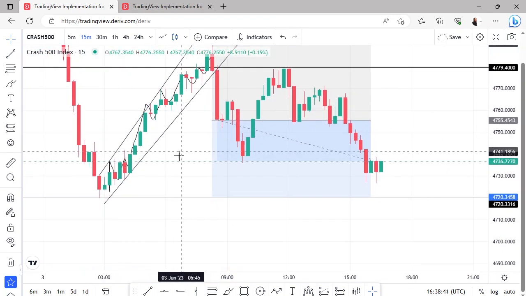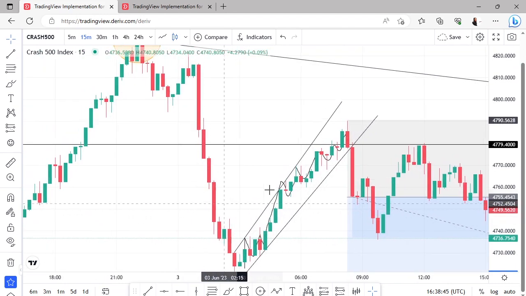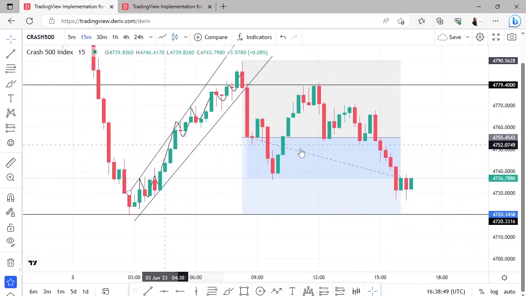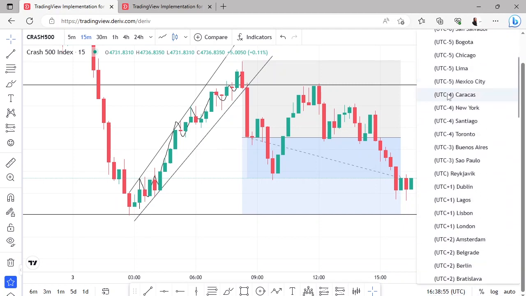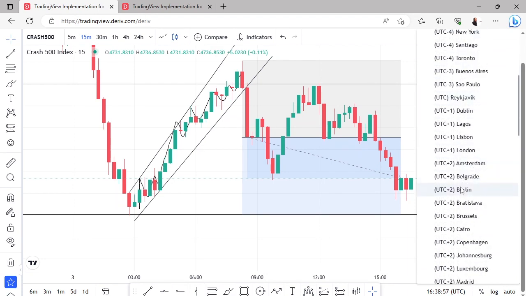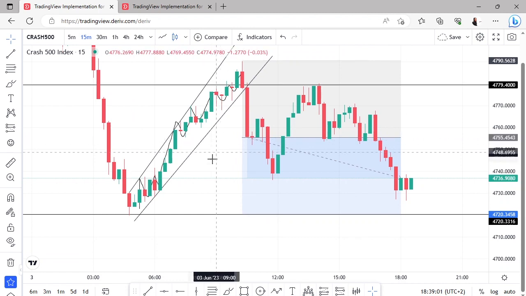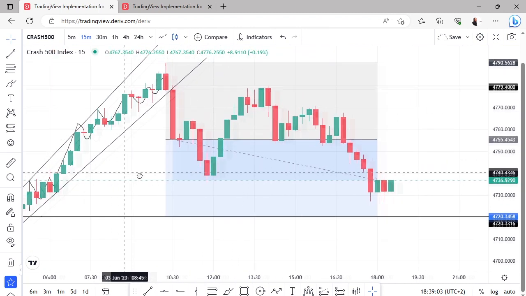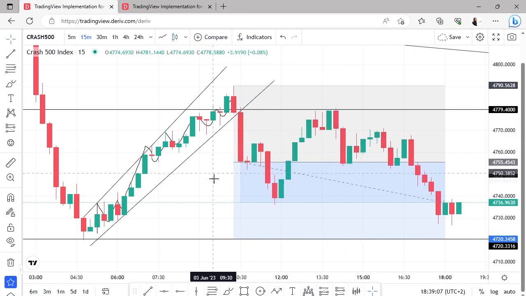So you can see overall this is what we have here. I took an entry earlier on. Let me just change this. It's supposed to be +2. So I took an entry, I think it's somewhere here to this level here.